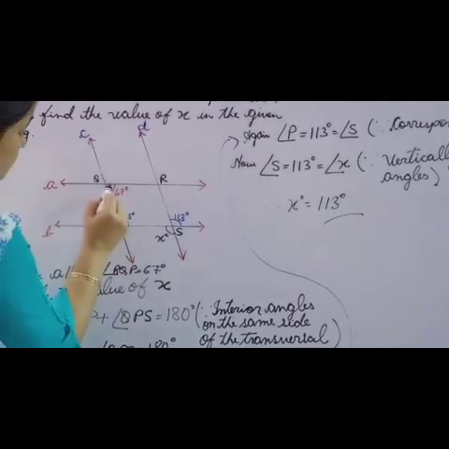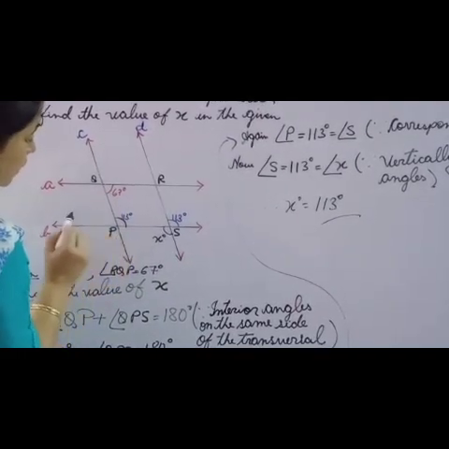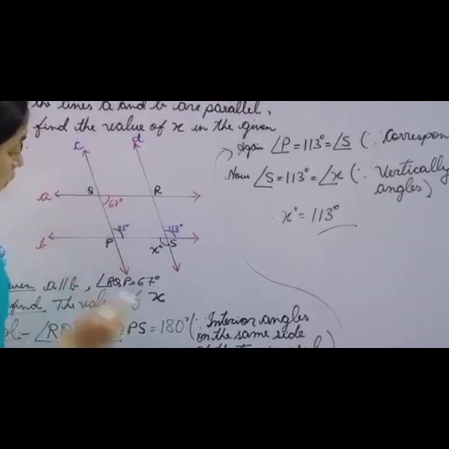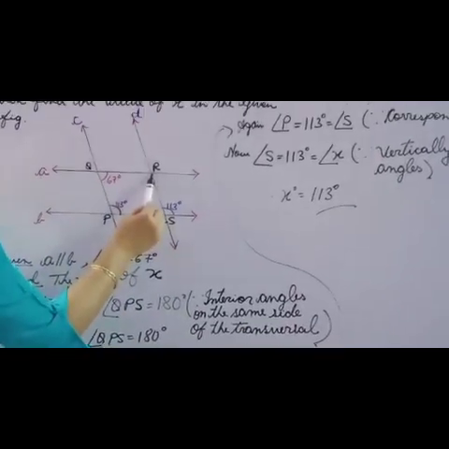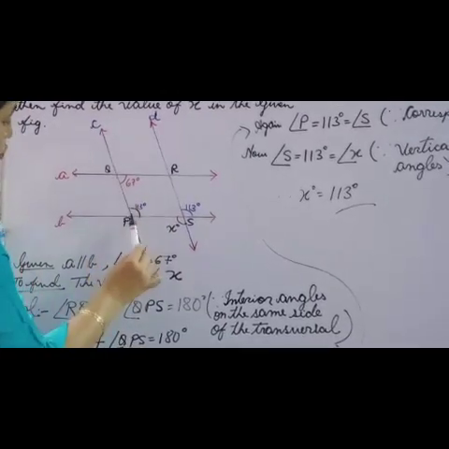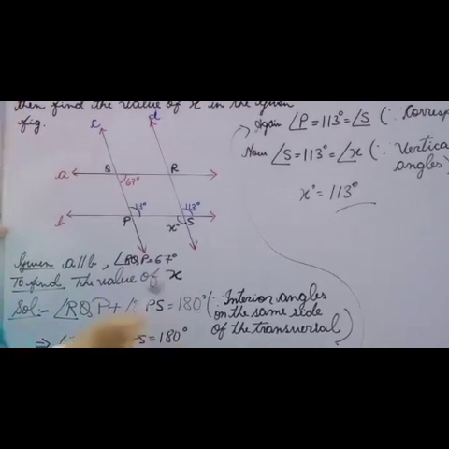So, this angle is equal to this angle. Why? With the property of interior angles on the same side of the transversal. So I have written angle RQP plus angle QPS is equal to 180 degrees.